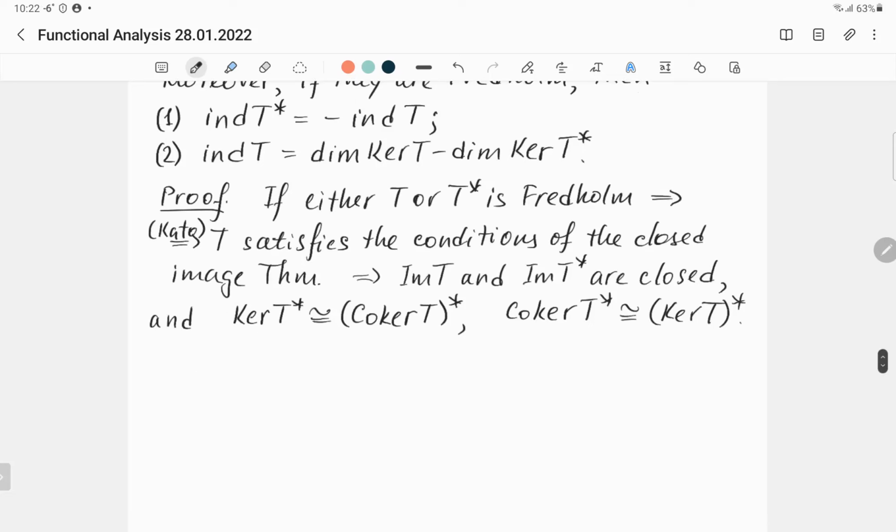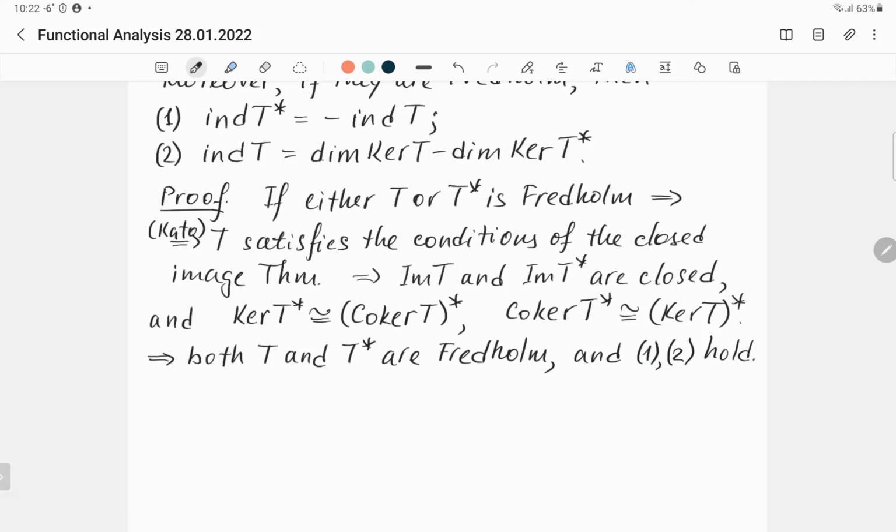But now these two formulas readily imply that both the operators T and T star are Fredholm, and moreover, properties 1 and 2 hold.